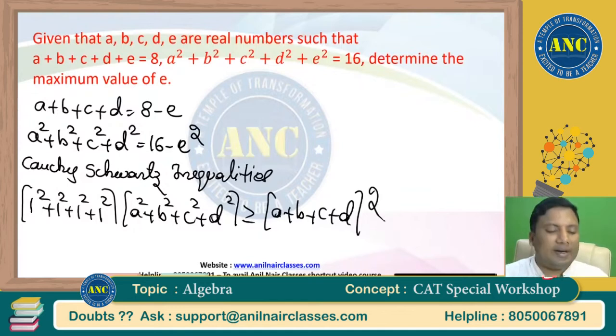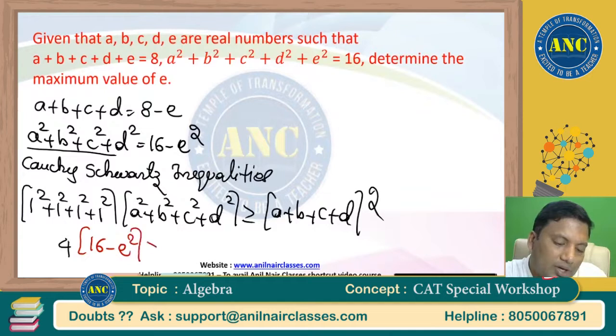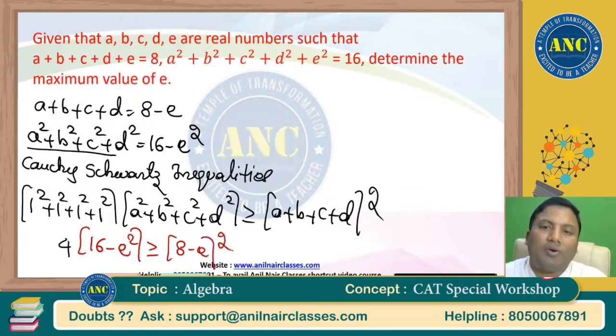I hope till here. So these are nothing but 4 into (a square plus b square plus c square plus d square), which is 16 minus e square, greater than or equivalent to a plus b plus c plus d, which is 8 minus e, whole square.